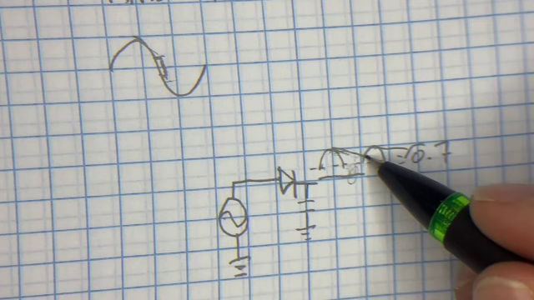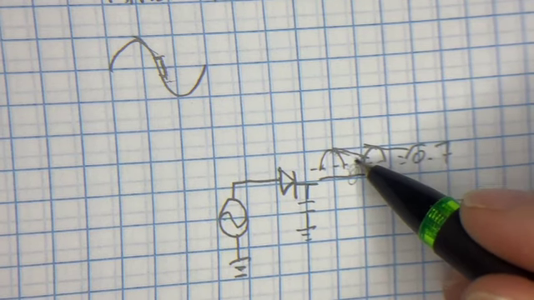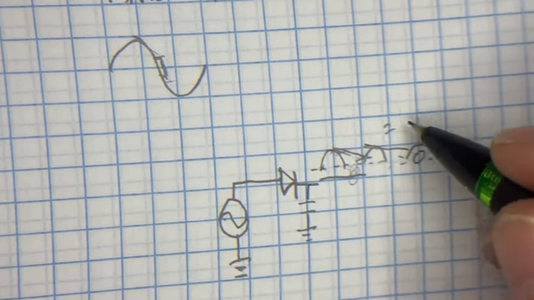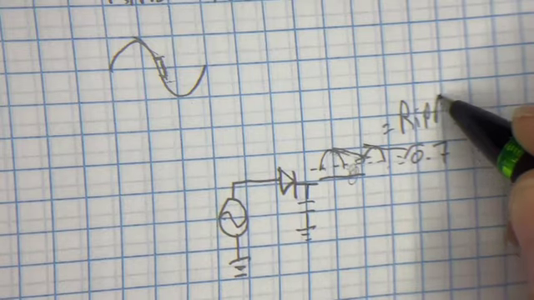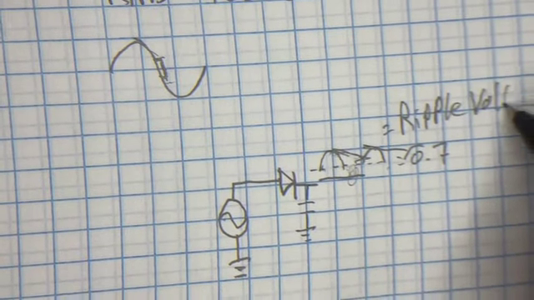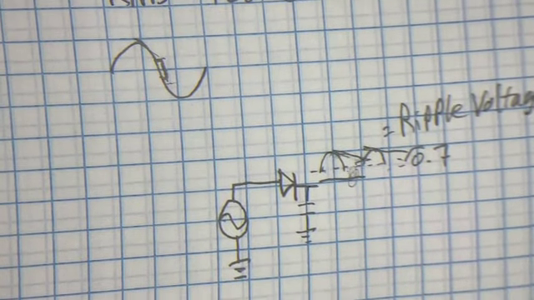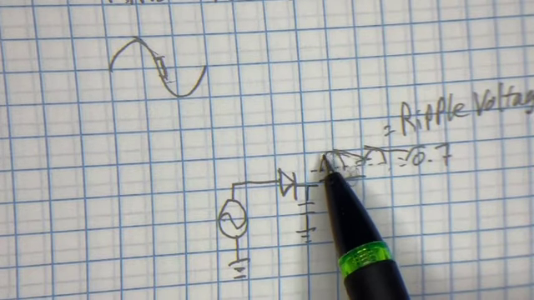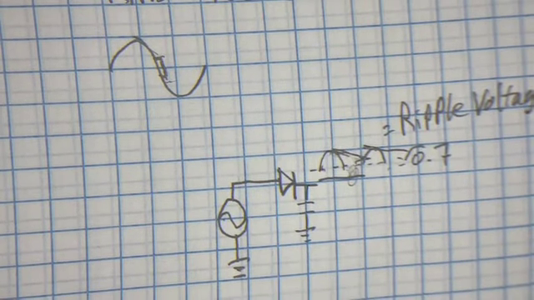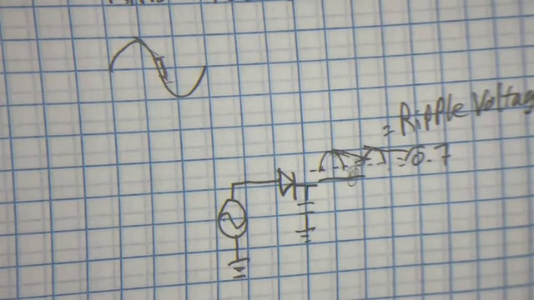The distance from here to here is ripple voltage. Now, this ripple voltage may not be acceptable for most applications. So how do we deal with that?